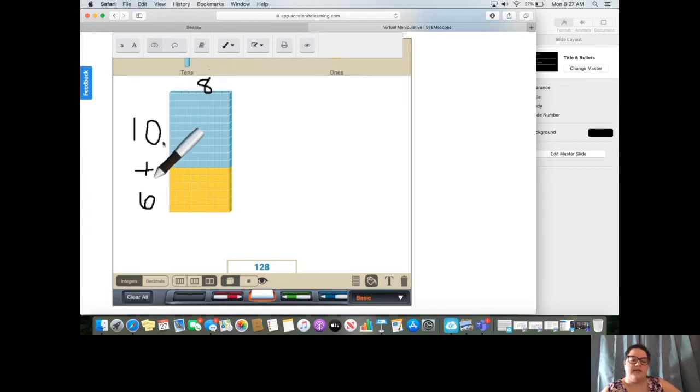That is our 16 times 8. So in this block, we're going to have 10 times 8. In this block, we're going to have 6 times 8.